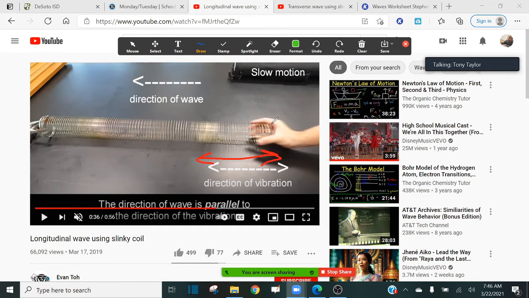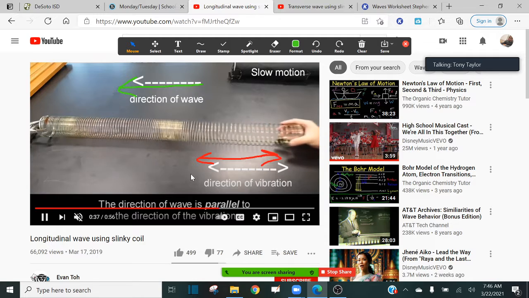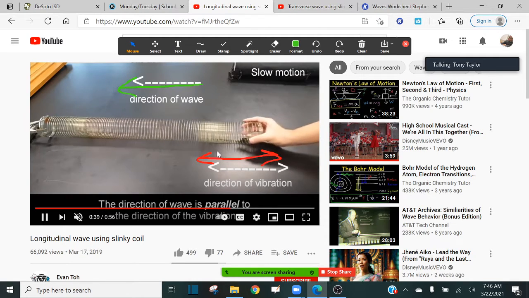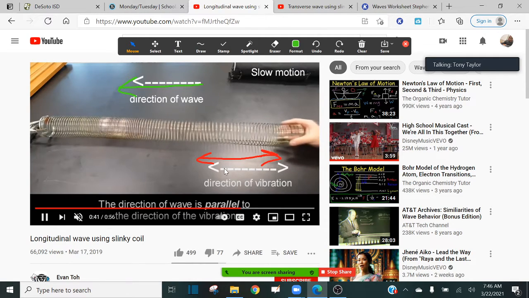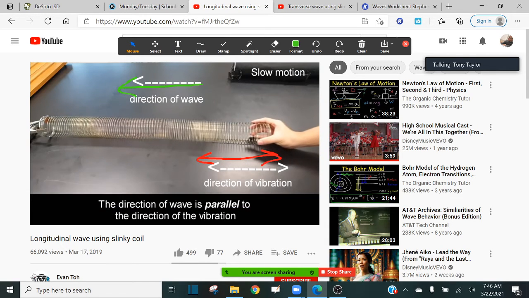The pulse starts right here and travels from this end of the slinky all the way to that end of the slinky. So the direction of the pulse is traveling like this. Okay? So you guys should be able to clearly see that the pulse is traveling parallel to the direction of wave propagation. Well, parallel to the direction of vibration, I should say.